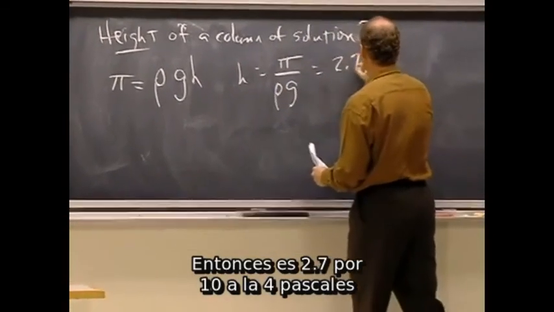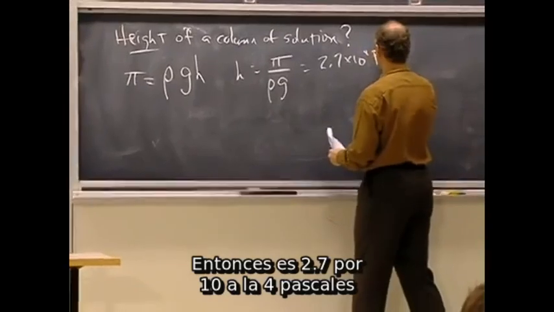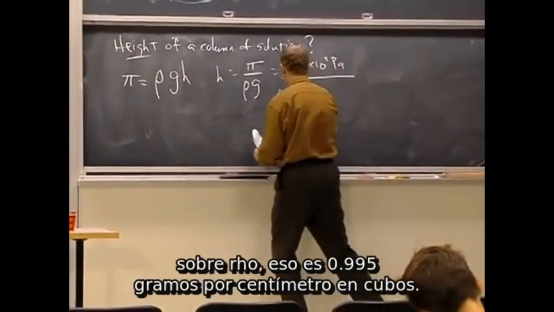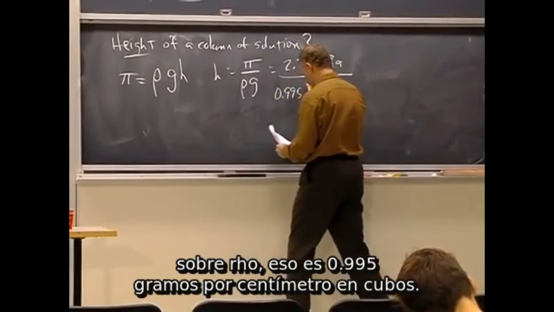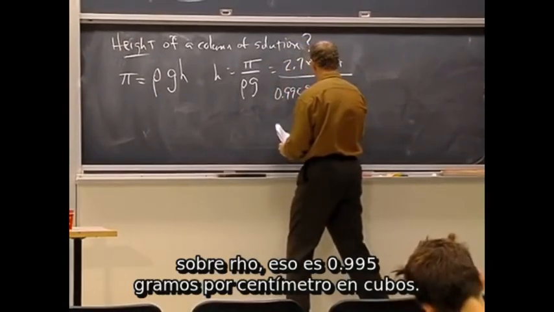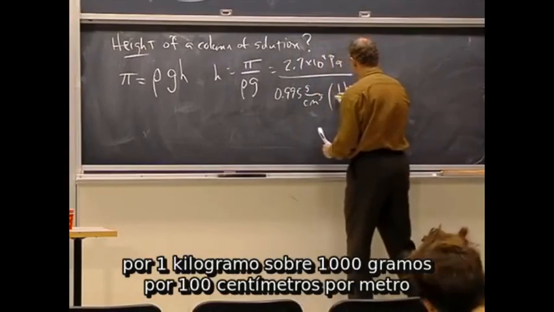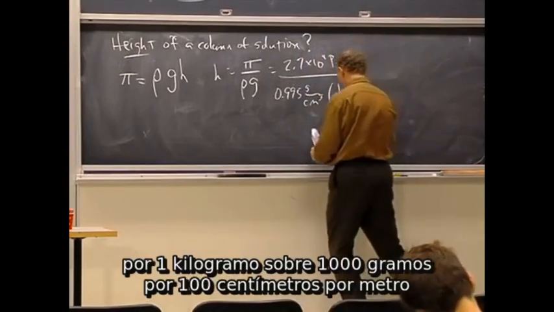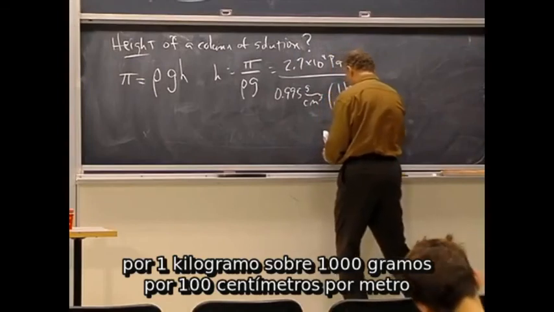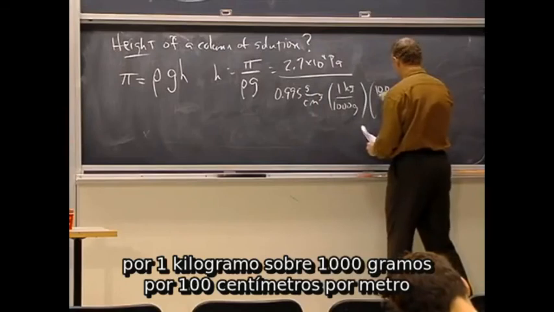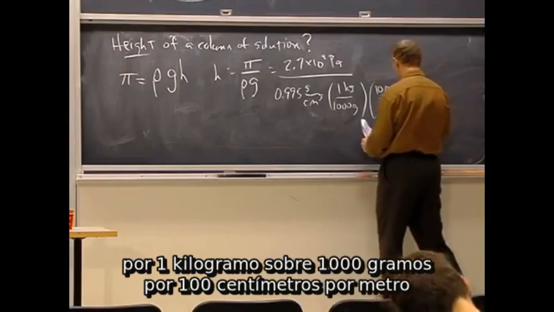So it's 2.7 times 10 to the 4 pascals over rho. That's 0.995 grams per centimeters cubed times 1 kilogram over 1,000 grams times 100 centimeters per meter cubed.